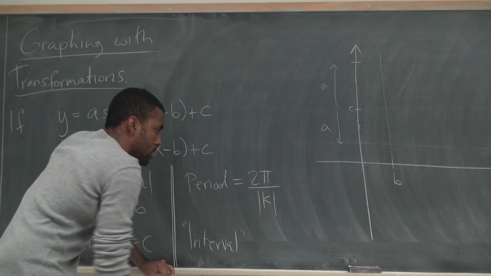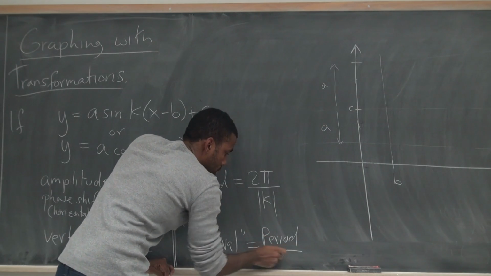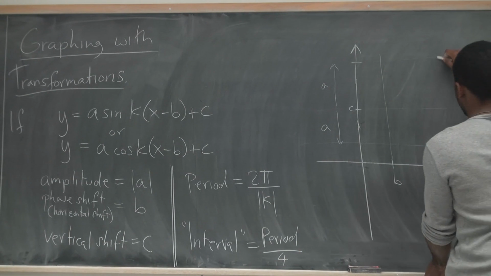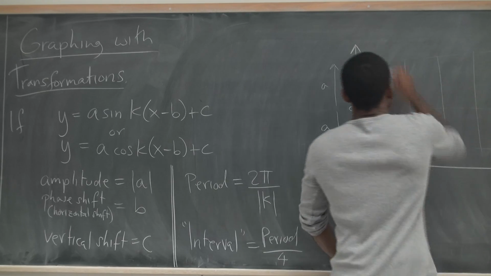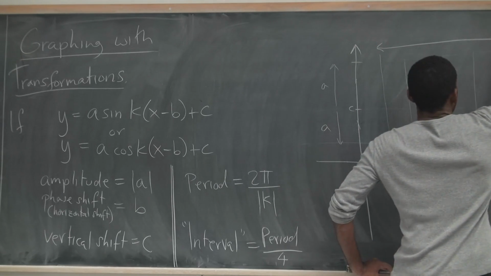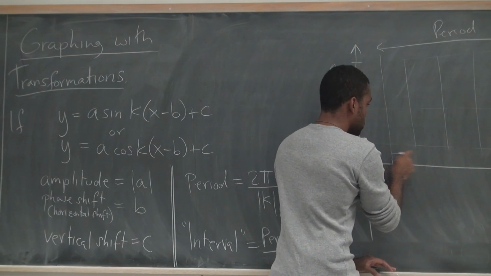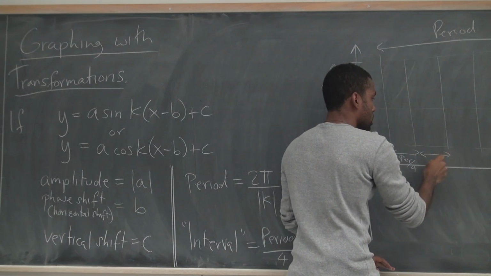Let's call it the interval for now, which is just the period over 4. Why is the period over 4 important? Turns out that sine and cosine come in 4 sections. So at any given time, I cut this into 4 equal sections. The whole thing is the period, and of course, the length of each one is going to be the period over 4.